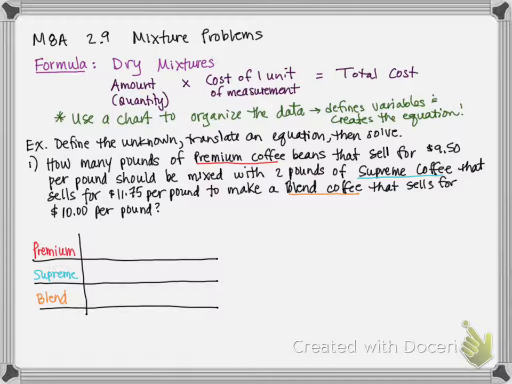Okay, now what we're going to do at the top is we're going to be listing those words that I have in our formula. So we're going to have amount, and we're going to have cost per pound, and then we're going to have total cost.